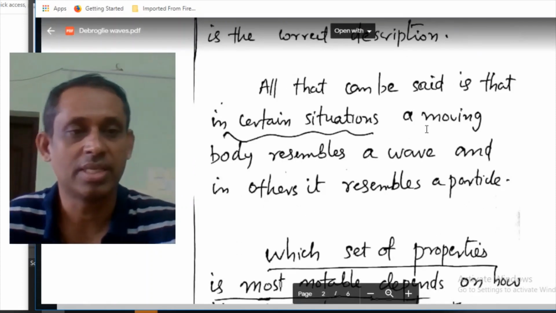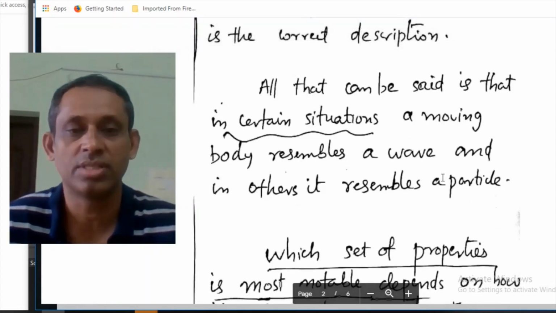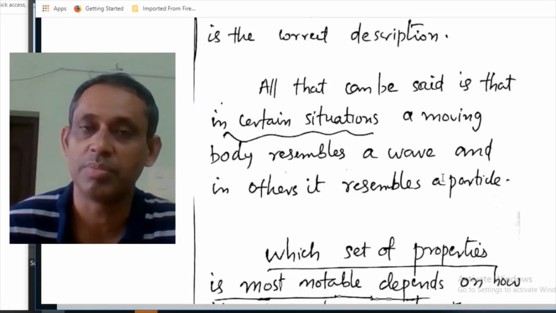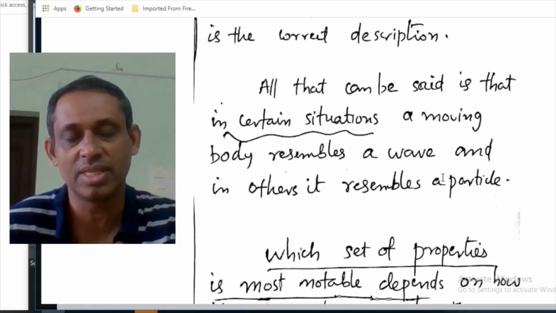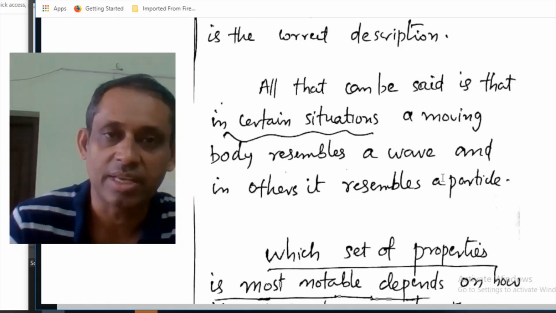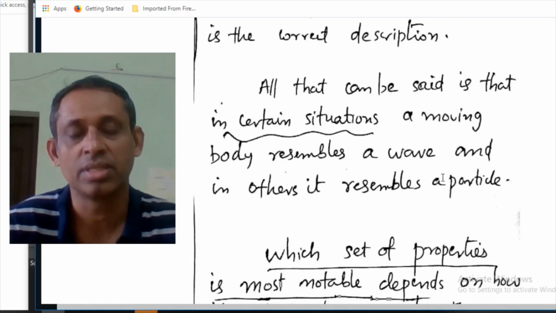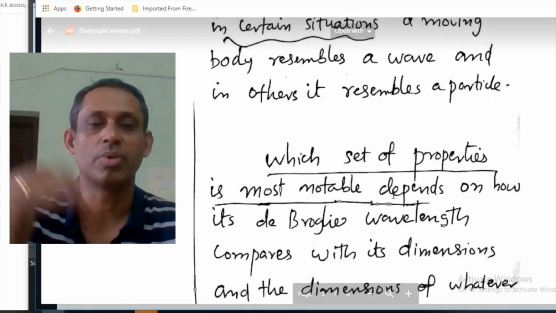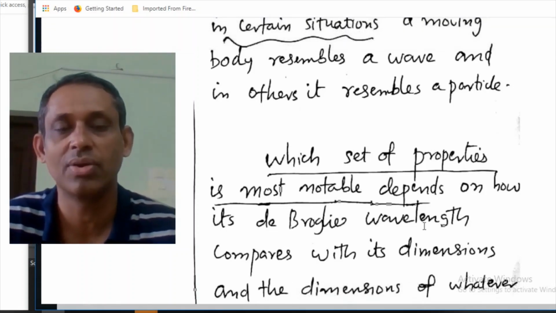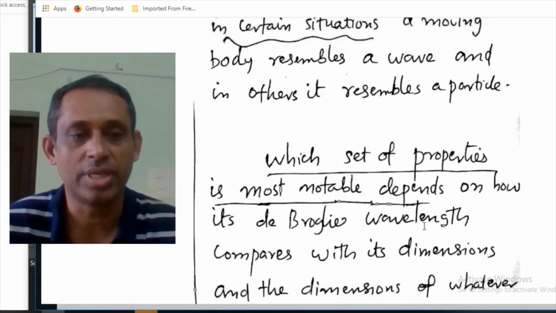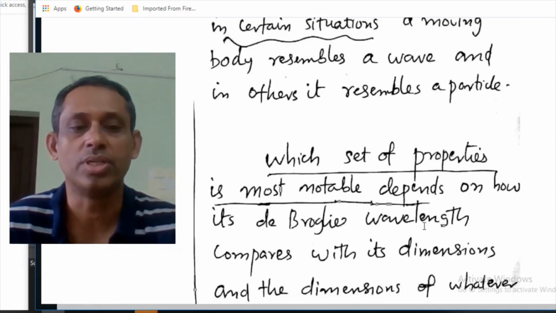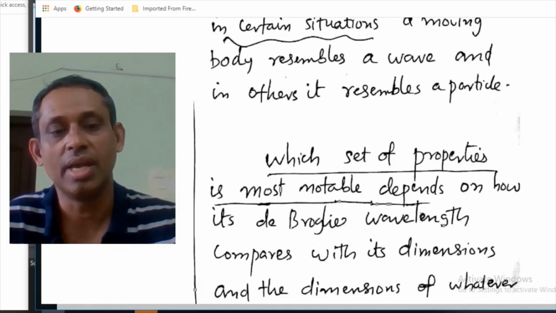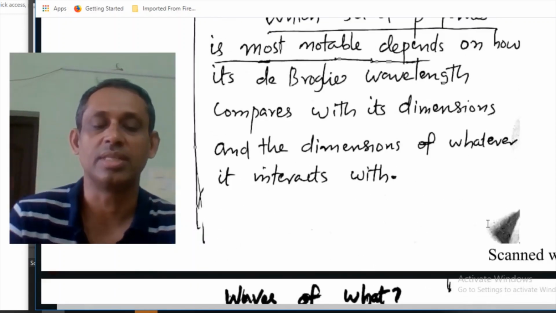So all that we can say is that in certain situations a moving body resembles a wave, and in certain other situations it resembles a particle. Now which set of properties is most notable in a situation depends on how its de Broglie wavelength compares with its dimensions and the dimensions of whatever it interacts with.